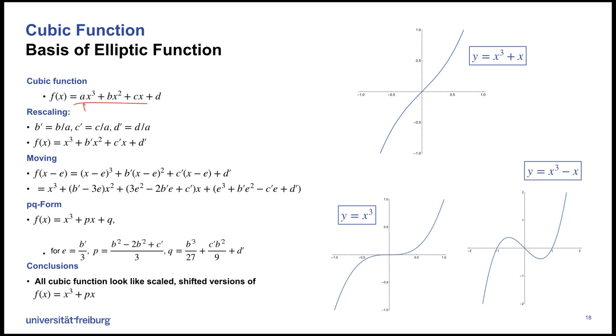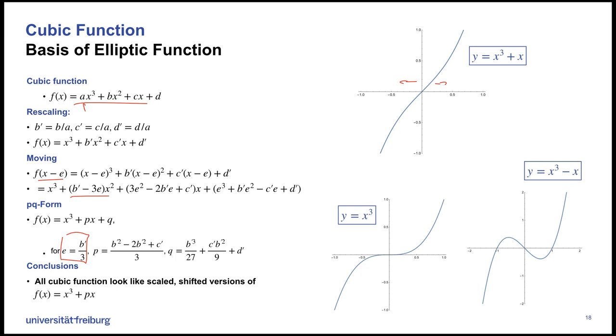And by moving the function left in this direction, we can eliminate the term where we have a square number. This works if you substitute E equal to B divided by 3, and then you get new parameters. This has also been long known.